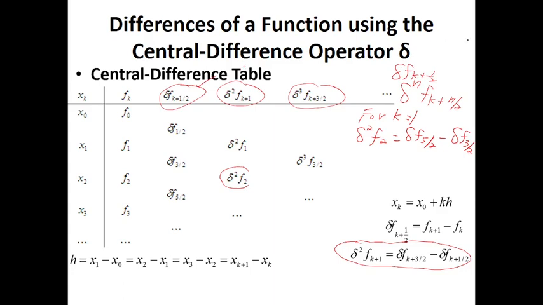Suppose I'm interested in finding the third central differences of the function. So n is 3. So delta cube. So I have delta cube f sub k plus 3 over 2. So that is k plus 3 over 2. Okay? So that's it.